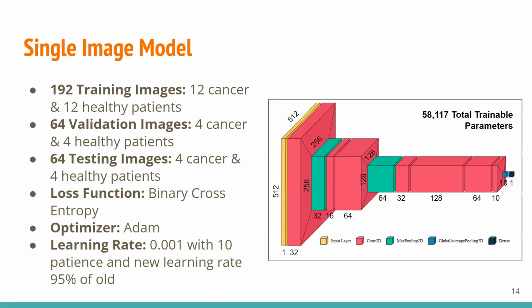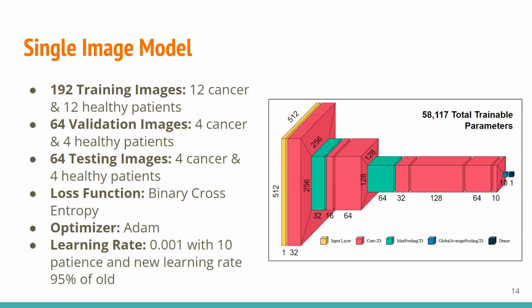We took each image, which is 512 by 512. We did a convolution 2D, followed by max pooling, and some more convolutional layers. At the end, we did a global average pooling and a dense layer of 1 to use the binary cross entropy loss function.